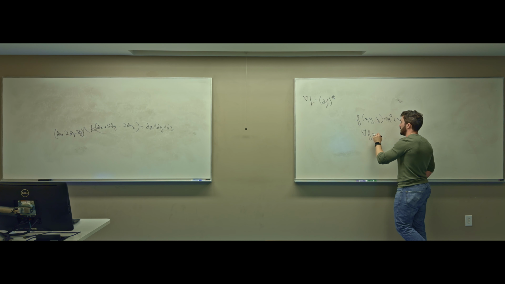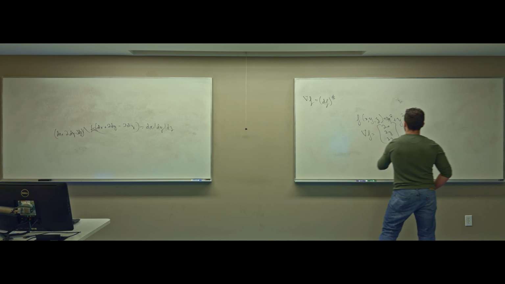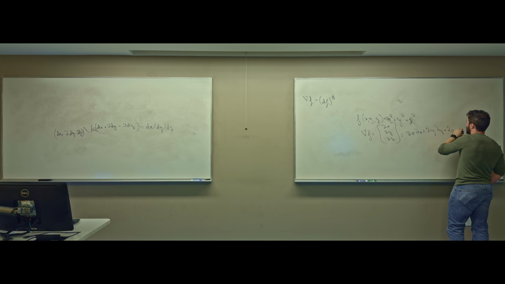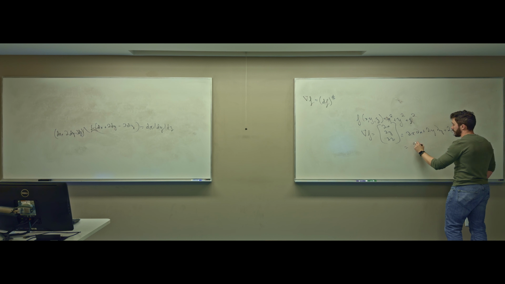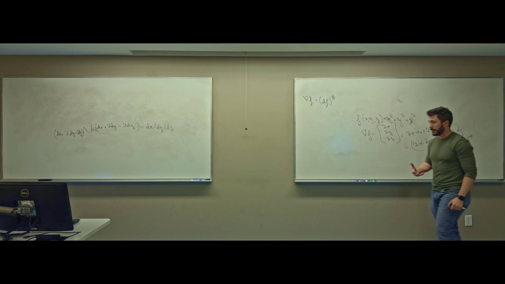Nabla f is going to be a vector, and it's going to be 2x, 2y, 2z. And this, of course, is just 2x del x plus 2y del y plus 2z del z. And it distributes over the basis covectors, and you get this thing. Okay. So that lets you rewrite the gradient.